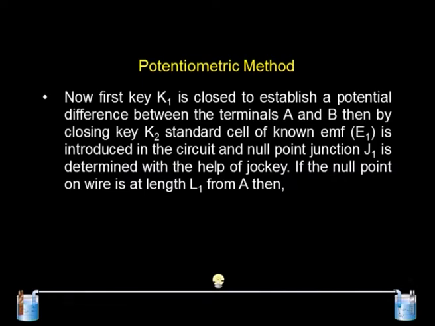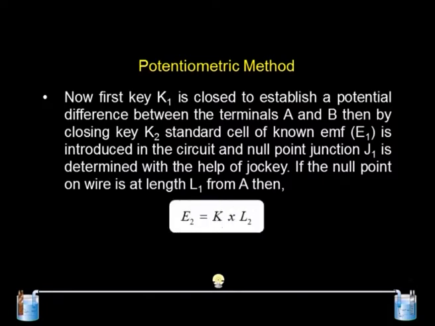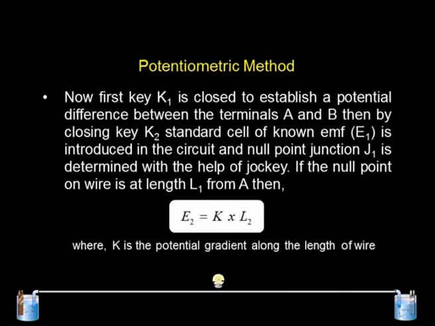If the null point on the wire is at length L1 from A, then we can write E1 is equal to K into L1, and similarly E2 is equal to K into L2, where K is the potential gradient along the length of the wire.